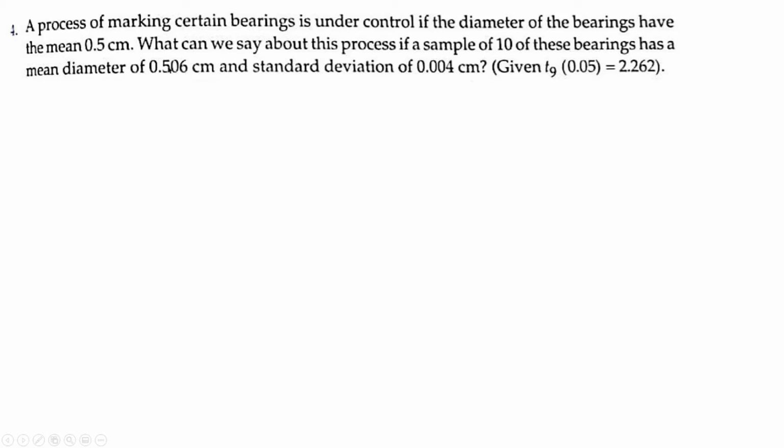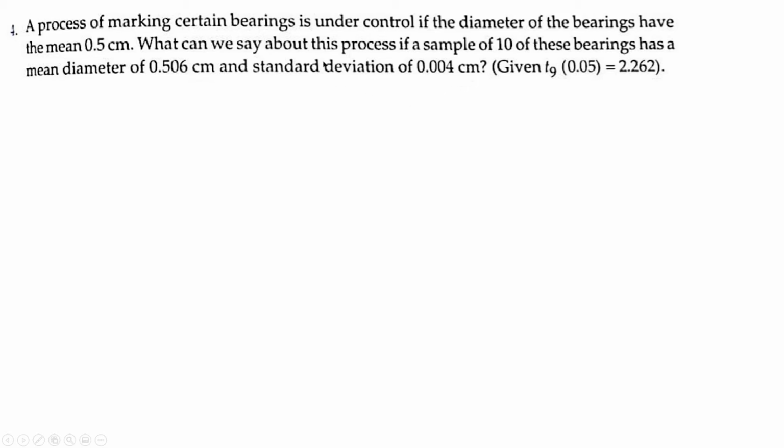So here it is given the process of making certain bearings, it is under control if the mean of the diameter of the bearings is 0.5 centimeter. Now we have a sample of 10 bearings having mean diameter of 0.506 centimeter and standard deviation of 0.004 centimeter.